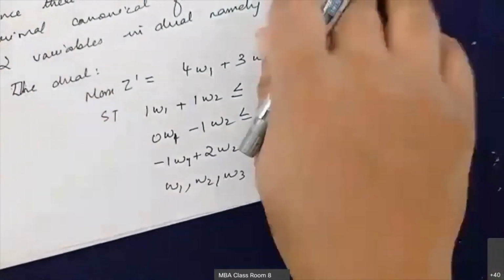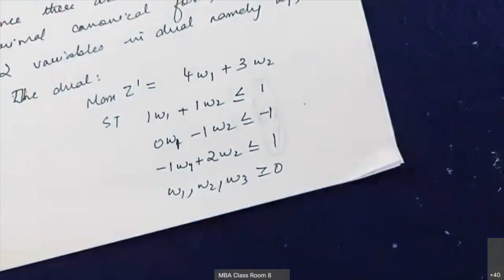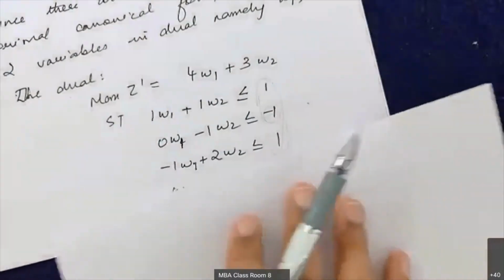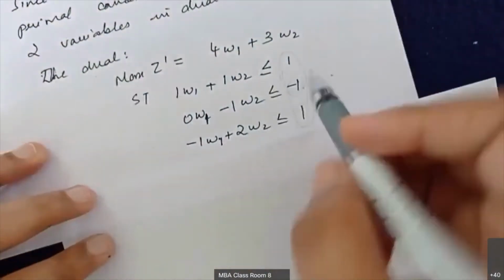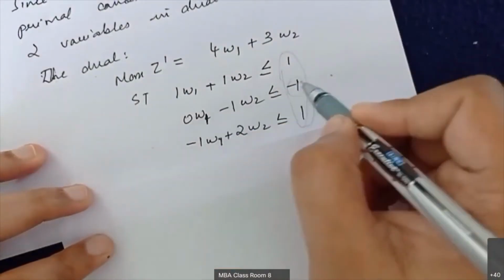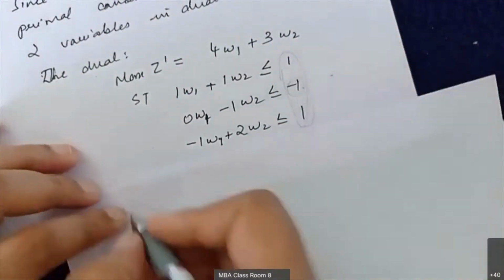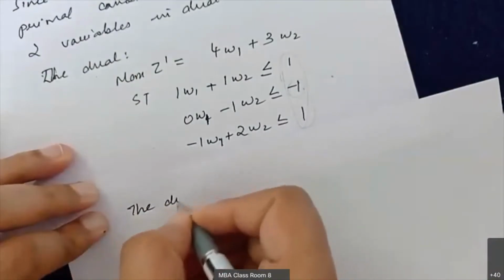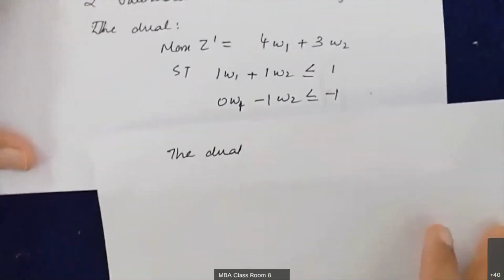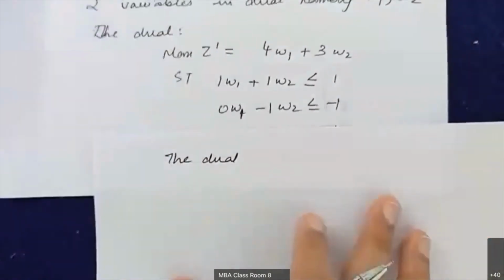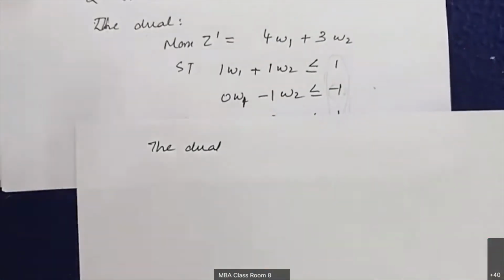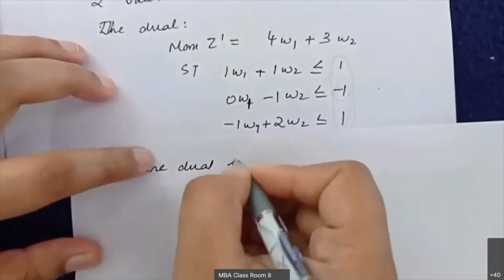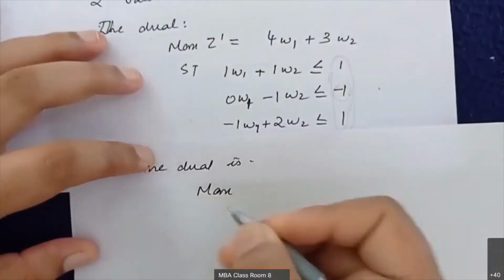Okay, so I'll just write that down once again. Since there is a negative value, the LPP has to be changed by multiplying the second constraint with -1. Okay, so the dual again changes. Here the dual is, the objective function will remain the same.